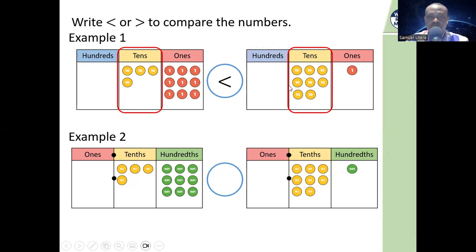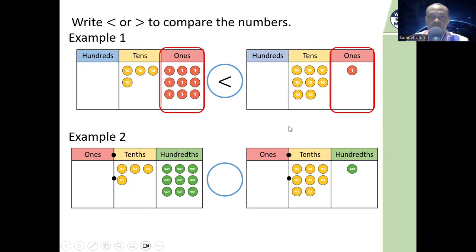So clearly this number is greater than that, or this number is less than that. So we put that symbol there. We don't need to compare the ones because it's sufficient to compare the highest place value digit to check which number is actually greater than another number if you're comparing two numbers.